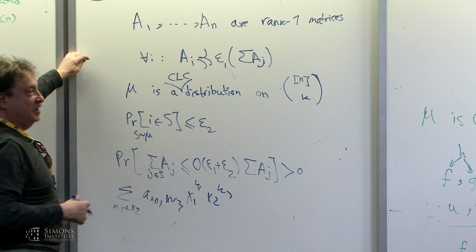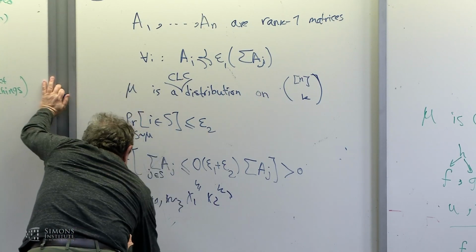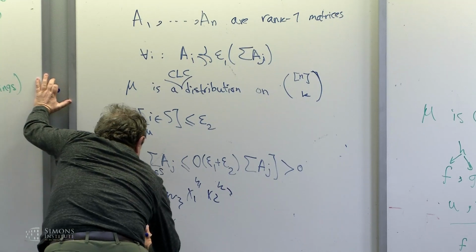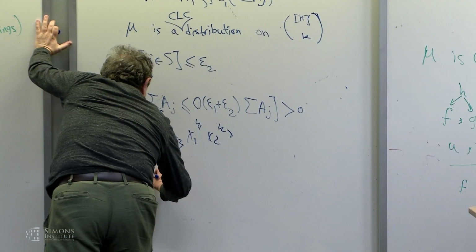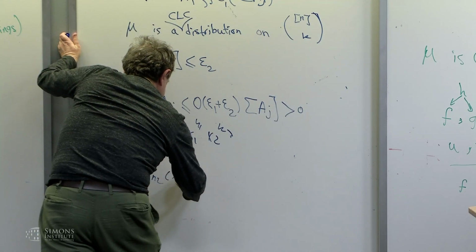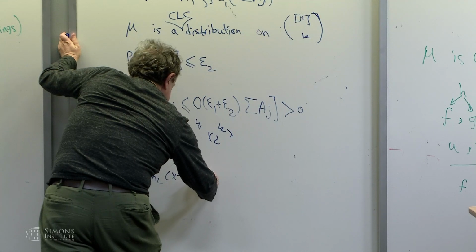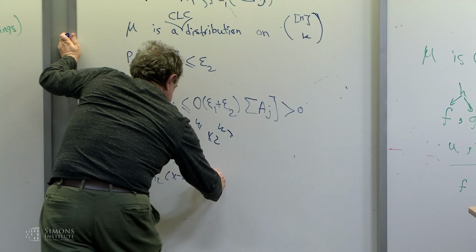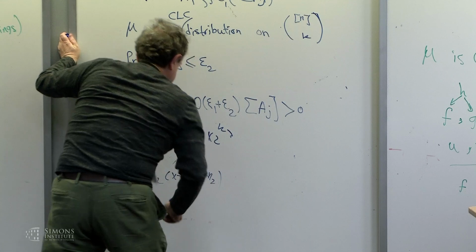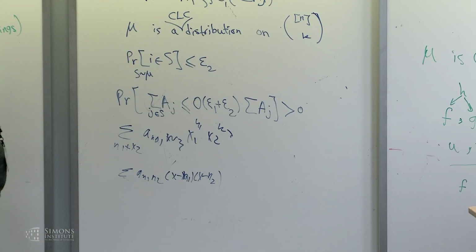The mixed characteristic polynomial which corresponds to this one would be the sum over n and 2, and this actually will be the mixed characteristic polynomial in this specific case.